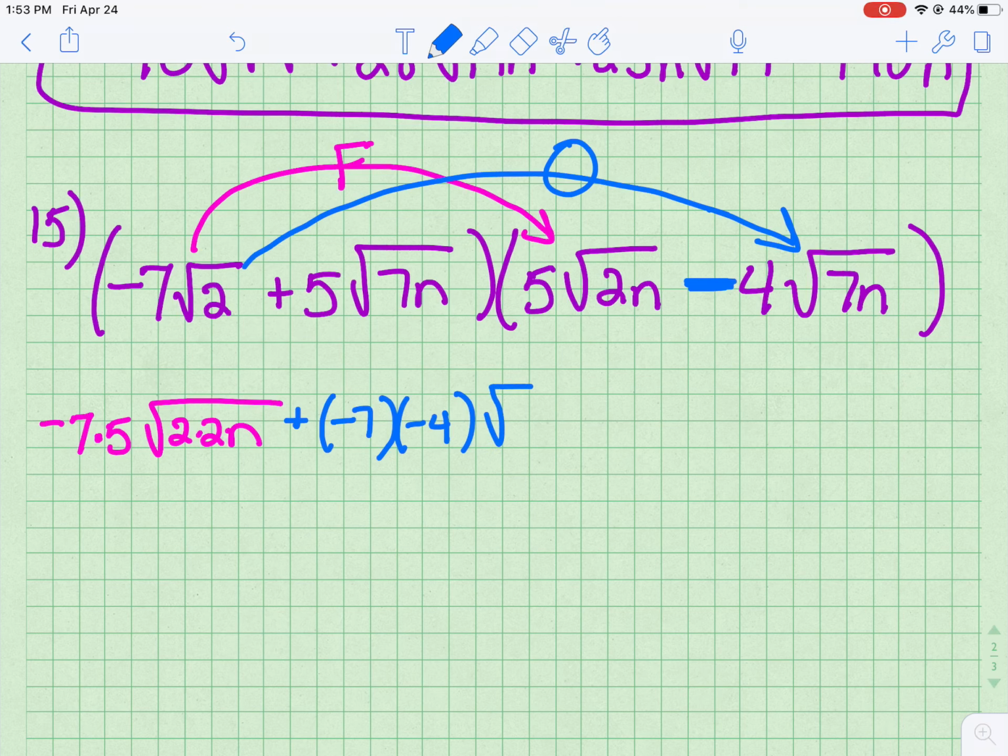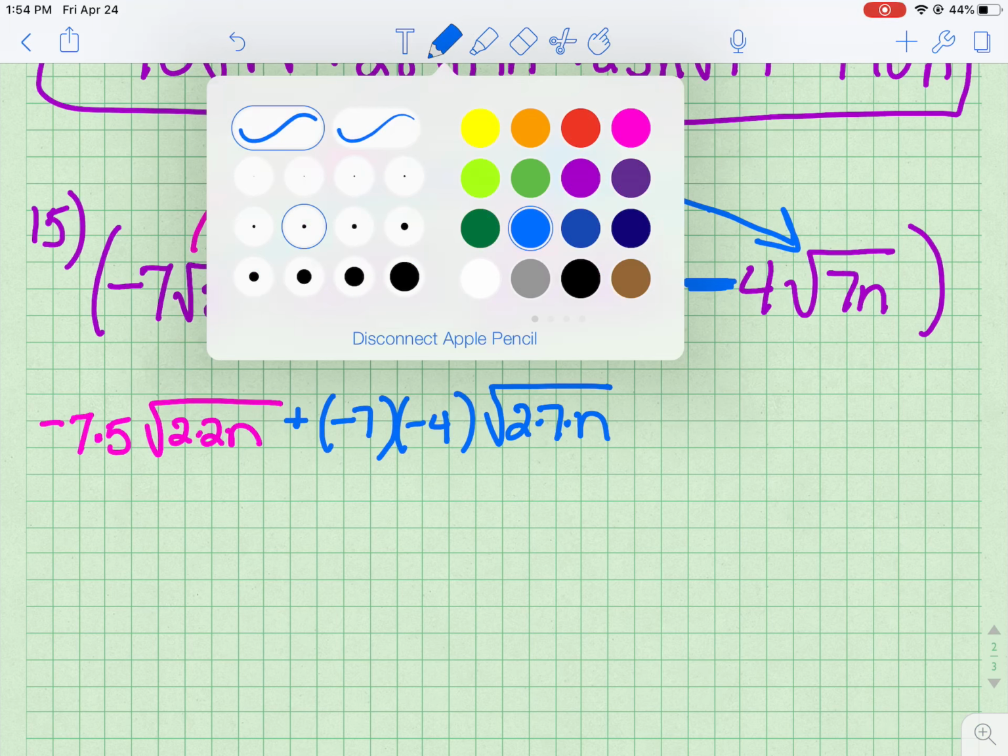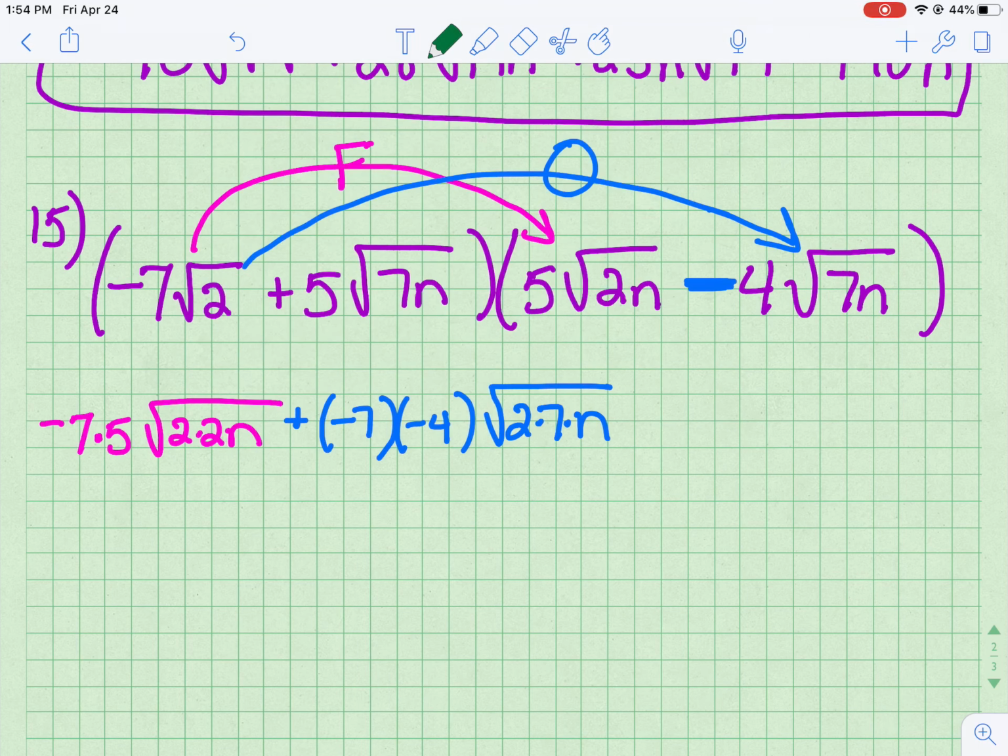The square root of 2 times 7 times n. Can't you just go like 7 times 4 instead of putting it in parentheses? Yeah, you can. So you could put 28 or you could put this. Don't forget they're both negative.